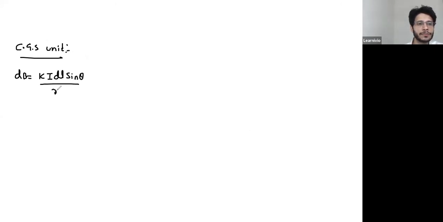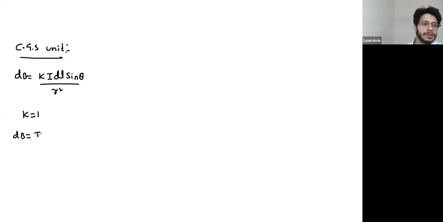So that was about SI unit. If you take CGS unit, although your syllabus is in SI unit and you're not supposed to do CGS unit, just for the sake of your knowledge, in CGS unit your dB is K I dl sine theta over r square. In CGS unit, your K is 1.